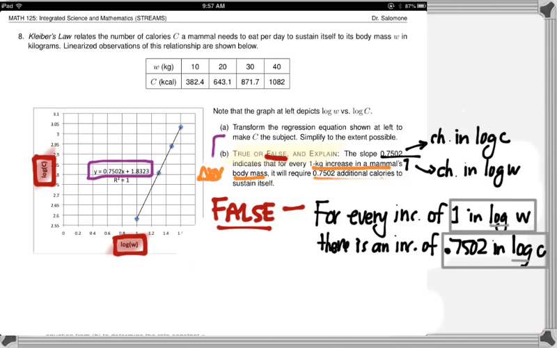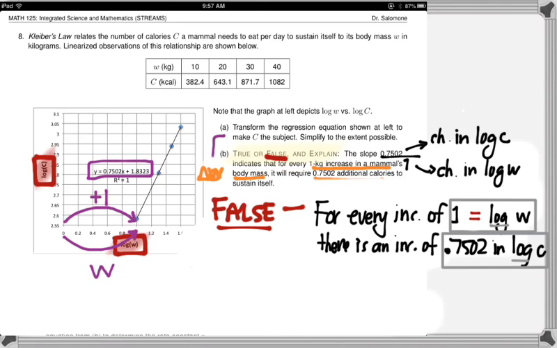In other words, when I add 1 to the log of W, so when I go from, let's say, 0 to 1 here, what am I really doing to W itself? For the hint, let's go over here. If log W is changing by 1, how much?